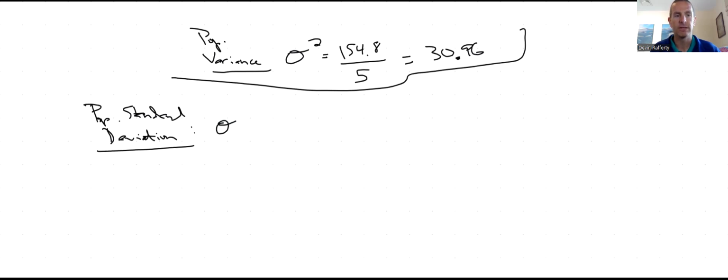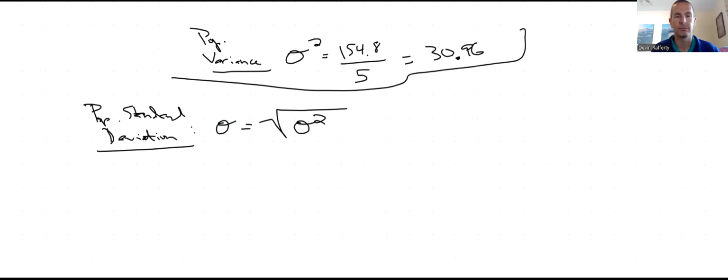So to get the population standard deviation from the population variance, all we have to do is take the square root of sigma squared.